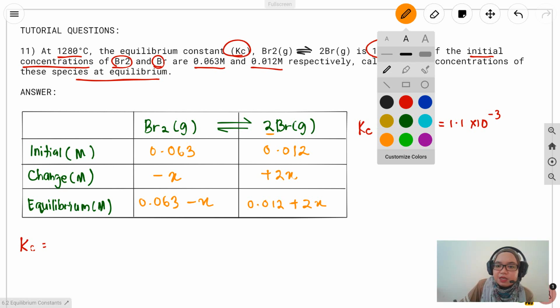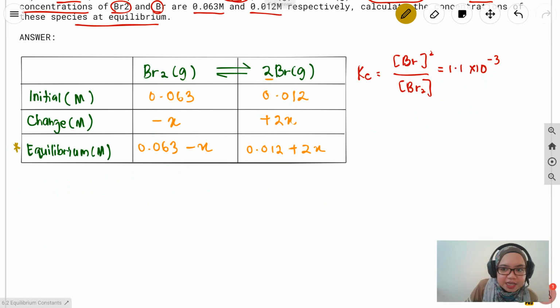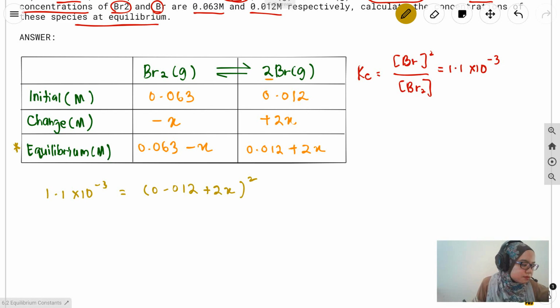So what you need to do here is expand this. You need to substitute the unknown at equilibrium. So here we will get Kc, 1.1 times 10 negative 3, equals to (0.012 plus 2x) squared over (0.063 minus x).